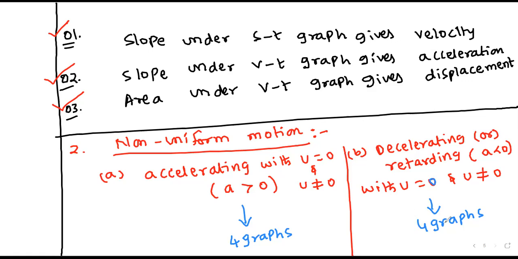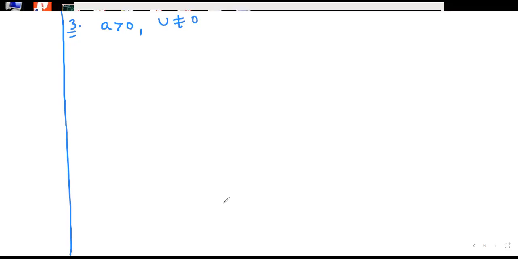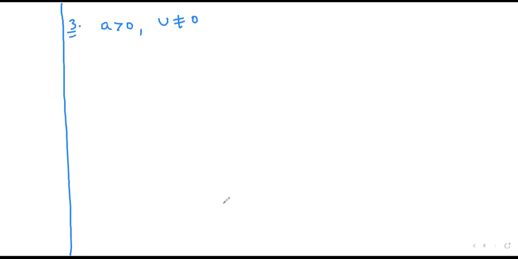Firstly, we'll draw for accelerating, that is a greater than 0, initial velocity not equal to 0. That means we have some initial velocity value.